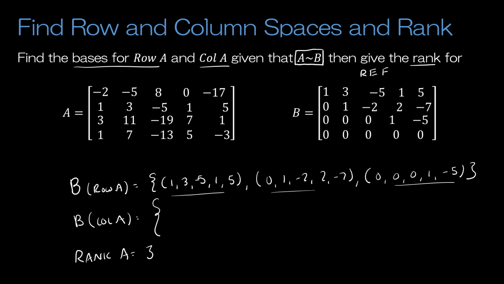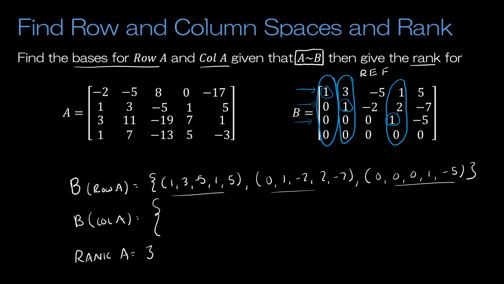I look at the row echelon form, not reduced row, but row echelon form, and find the columns that correspond to the rows with a leading 1. So this one had a leading 1 in the first column, this one had a leading 1 in the second column, and this one had a leading 1 in the fourth column.